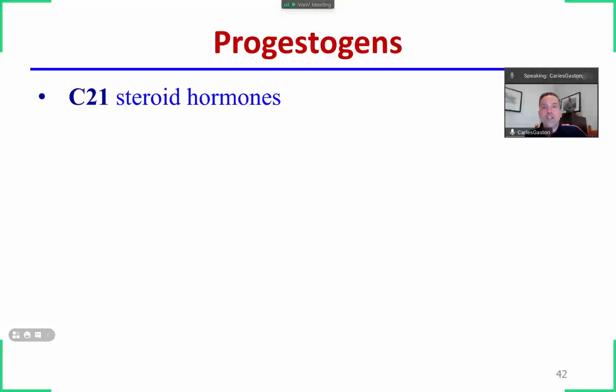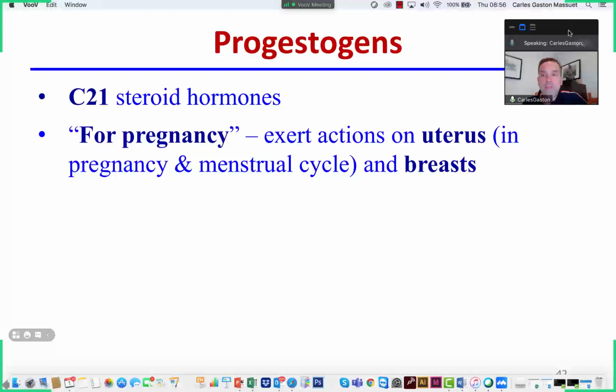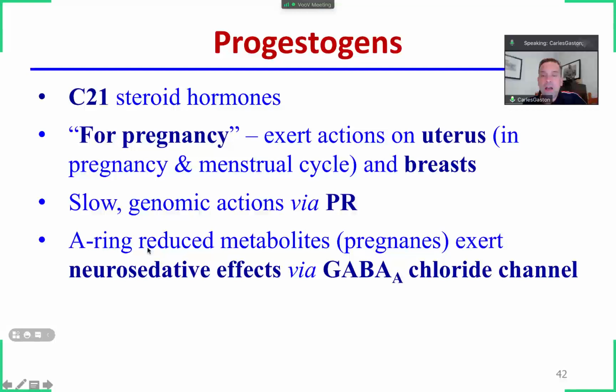So, progestogens: 21-carbon steroid hormones for pregnancy, exerting actions in the uterus, in pregnancy and the menstrual cycle, and in the breasts. They have a slow genomic action, and the A-ring reduced metabolites of pregnane exert neurosedative effects via GABAergic chloride channels.